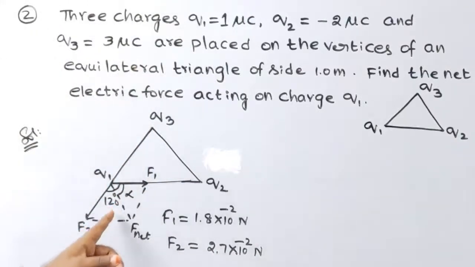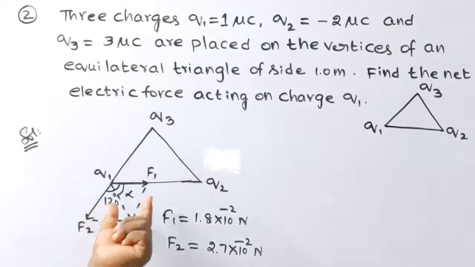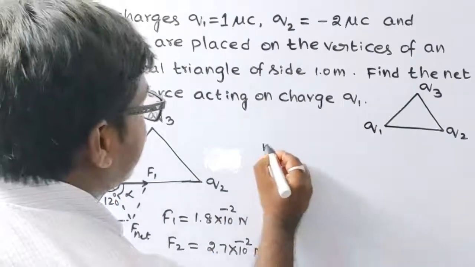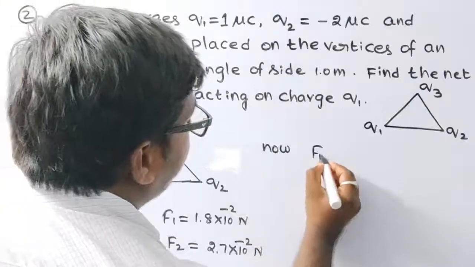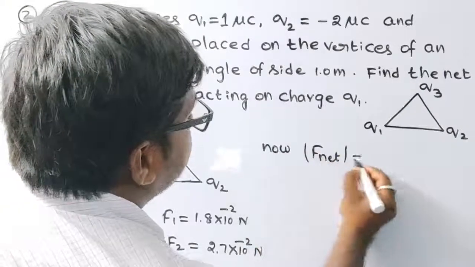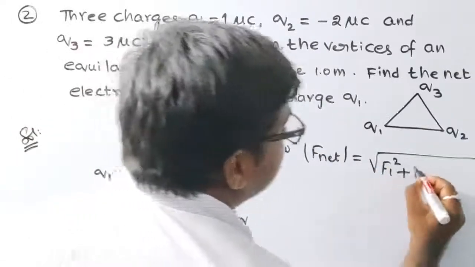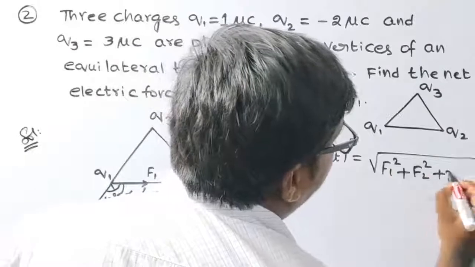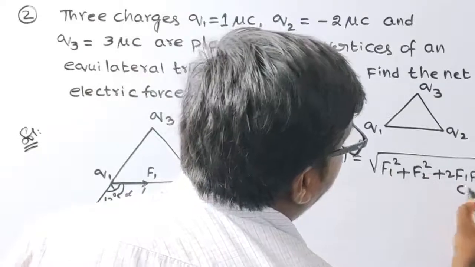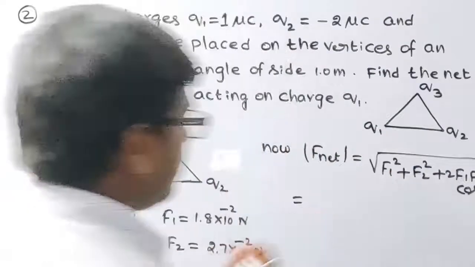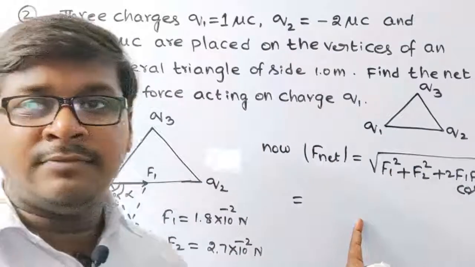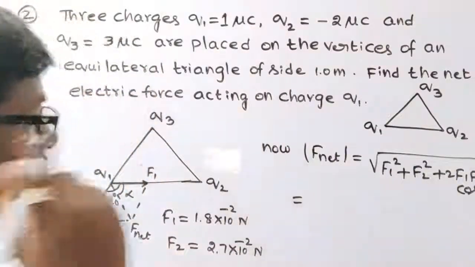These two forces, F1 and F2, are acting on two sides, making an angle of 120 degrees. So now the net force is F net, equal to the square root of F1 square plus F2 square plus 2 F1 F2 cos theta. This is the magnitude formula for two forces.